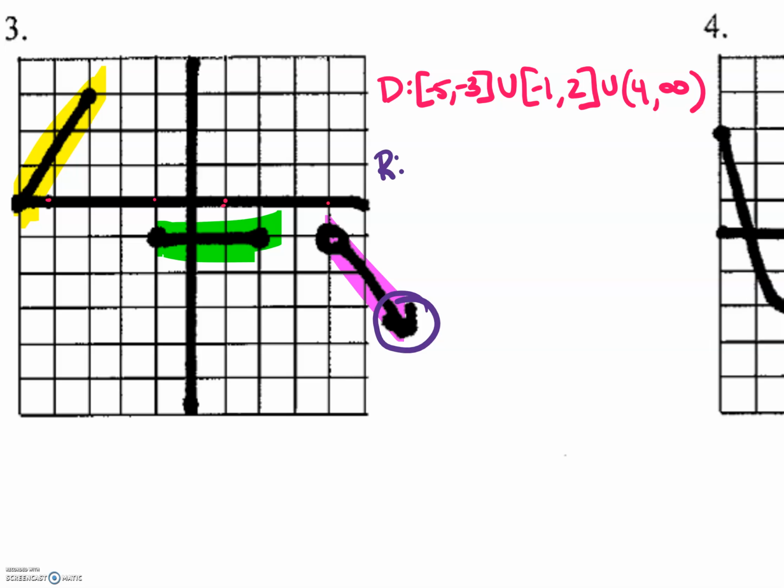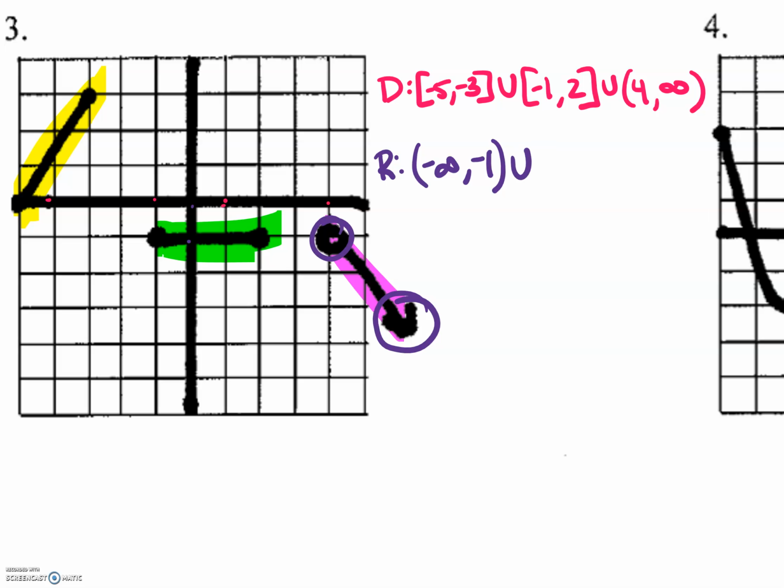So we're going to ask ourselves, since it is the range, are we going to go up or down? It's pointing down, so I'm going to start at -infinity. Where does that pink piece stop? Stops right there. Again, I count down from the origin, so it's going to be down 1, so that's -1. I have a parenthesis because it's an open circle.